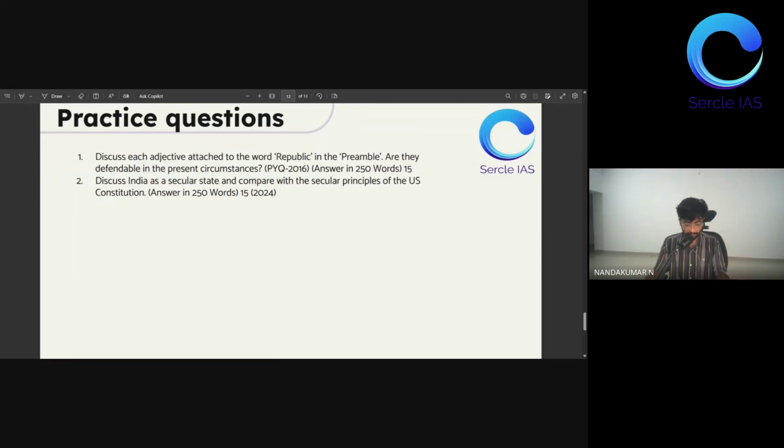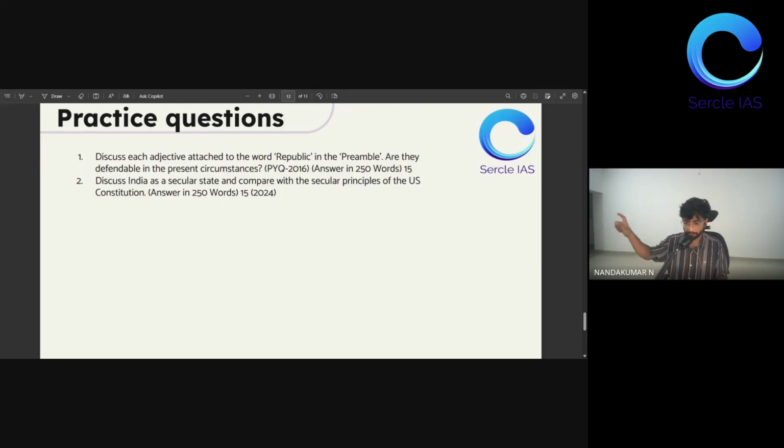Then preamble first, then part 3 of the Constitution, at least all the fundamental rights, or Article 12 to Article 35. Just need to know what is the article and what is the right or what is the core or the crux of the article. So part 1, then DPSP, in a similar manner you need to know the article and what is the core idea.